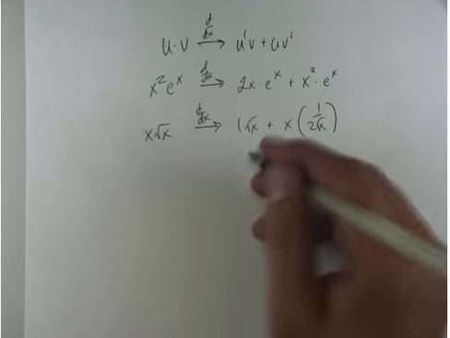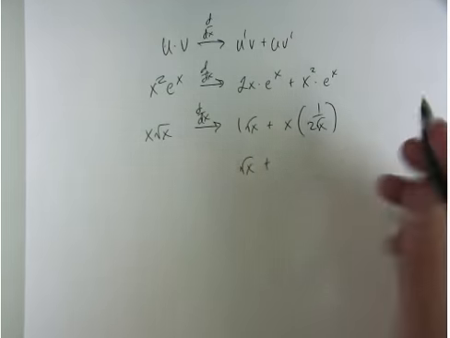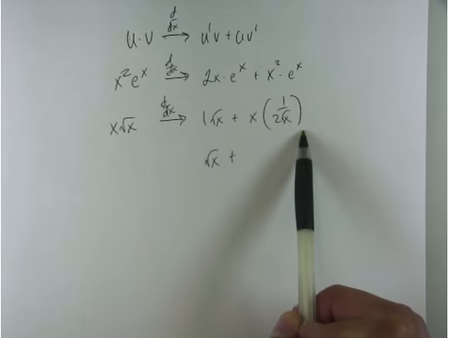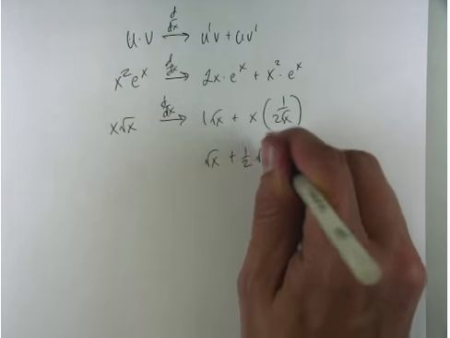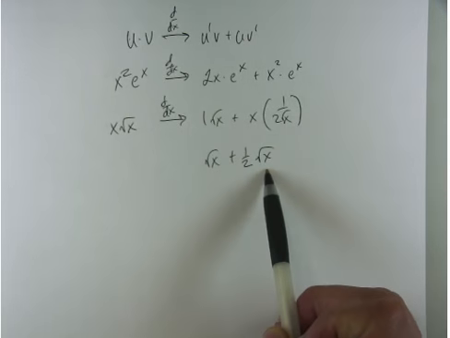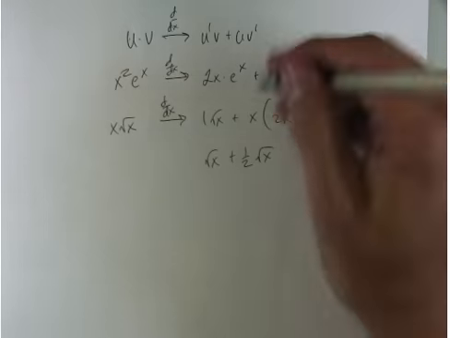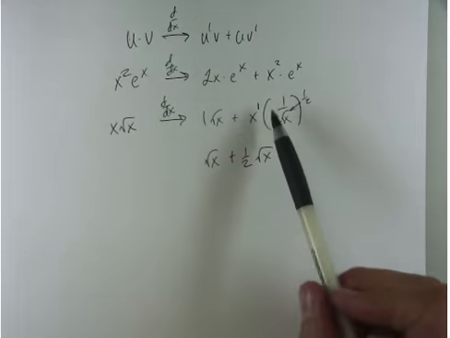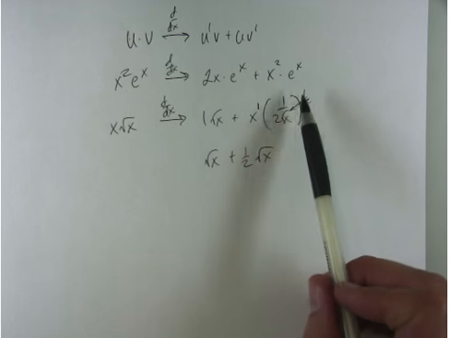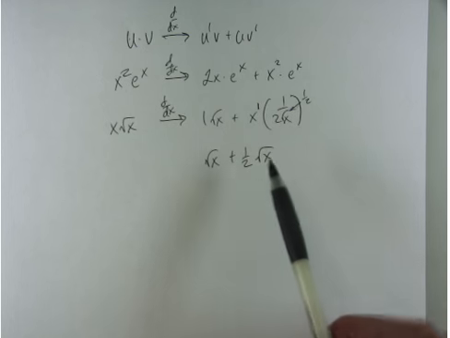If I simplify this, this is x. I'm dividing by x to the 1/2. So the result is x to the 1/2. This is x to the first. This is x to the 1/2. And I'm dividing them. So 1 minus 1/2 is 1/2.